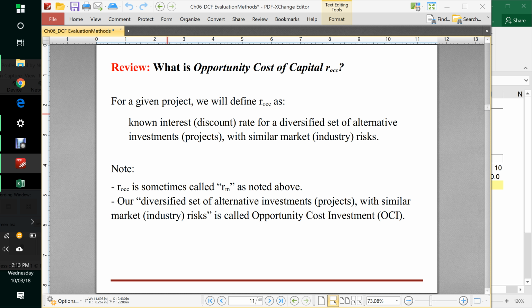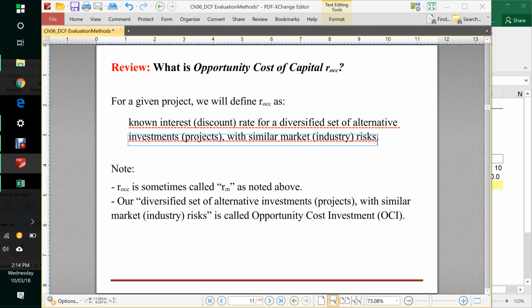For a given project, we define the opportunity cost of capital as the known interest rate we could get for a diversified set of alternative investments or projects, of course, mean the same thing, with similar market or industry risks.